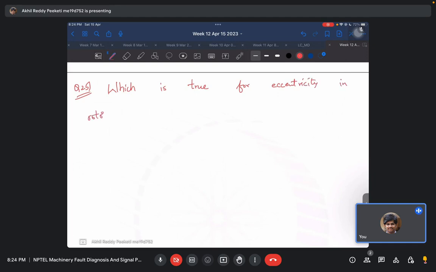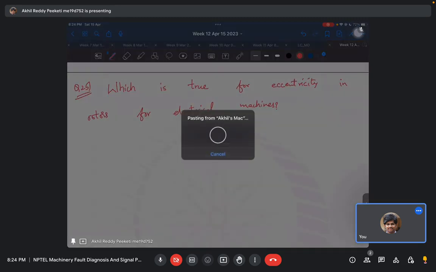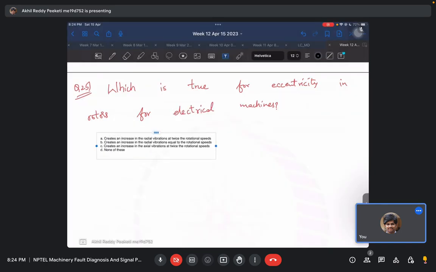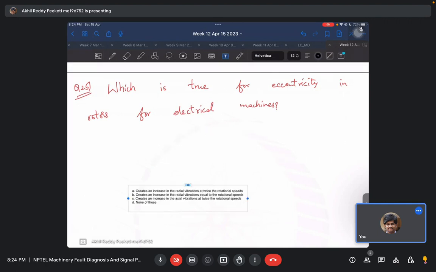Which of the following is true for eccentricity of rotors? Eccentricity in rotors for electrical machines.